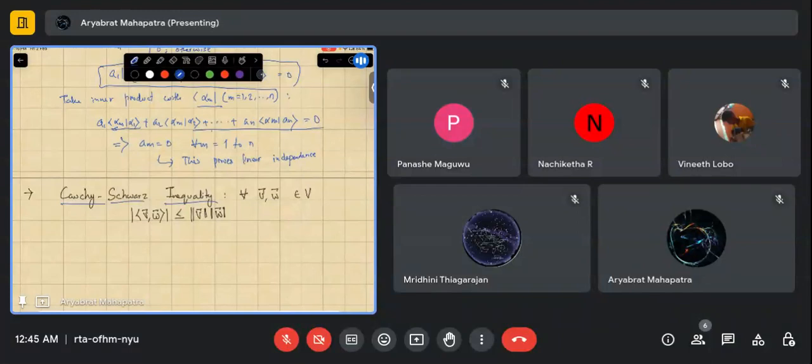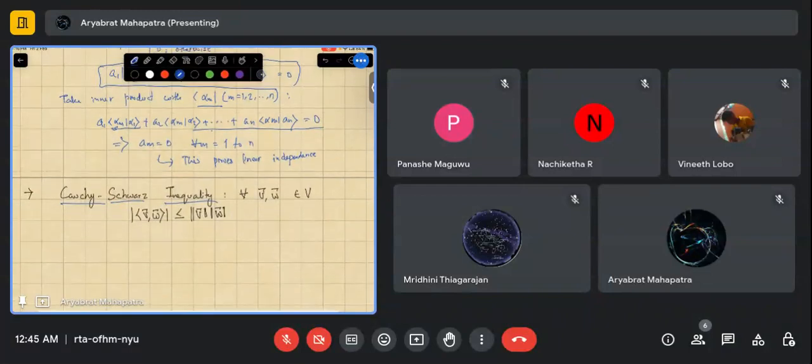You are getting those concepts clarified from your lectures that are already uploaded on your portal. But there were a few questions related to the Cauchy-Schwarz inequality topic.